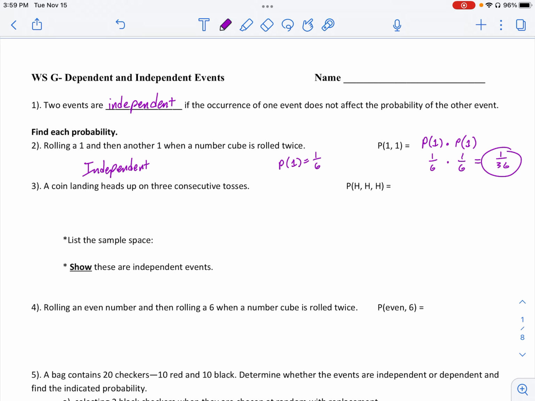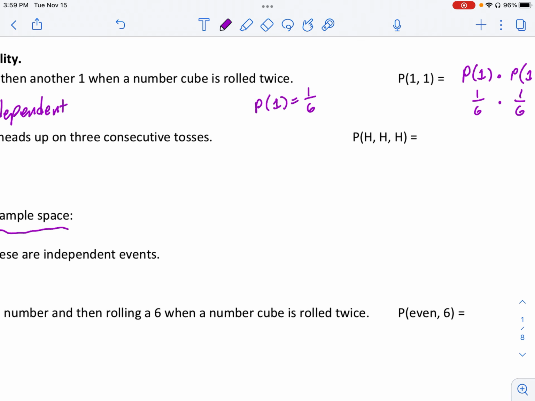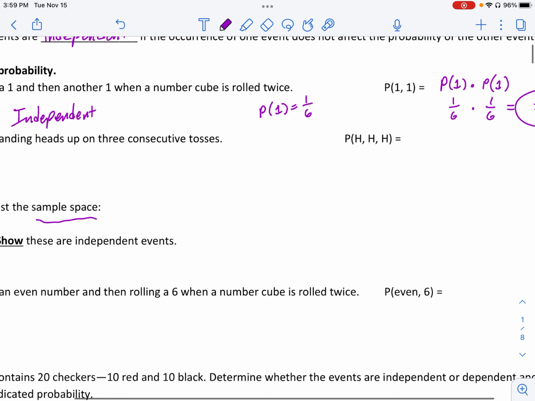Number 3, the coin landing heads up 3 consecutive tosses. We're going to list the sample space, which we did in the notes, but we'll do it again here. You could have heads, heads, heads, which is what we're looking for. But what else could you have? You could have heads, tails, heads. You could have heads, heads, tails.